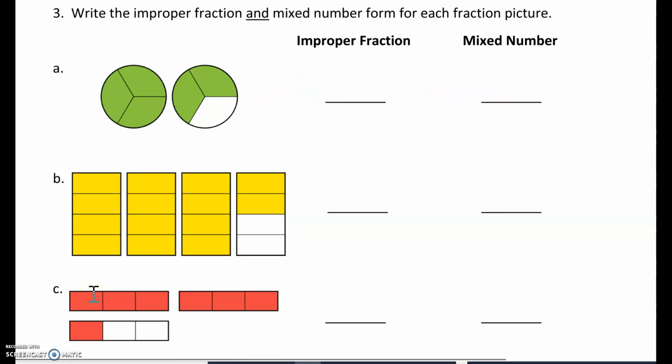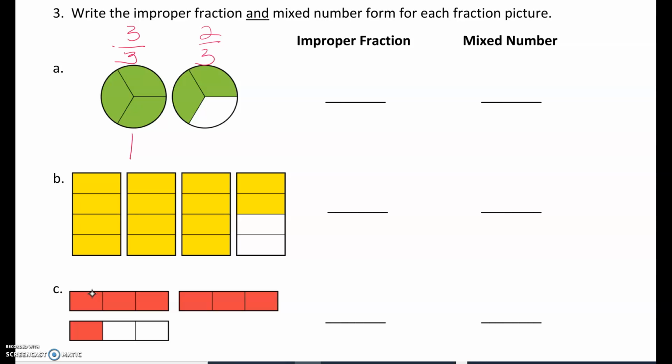Number 3 asks us to write the improper fraction and the mixed number form for each of these fraction pictures. So if I look at A, I have 3/3 shaded. This is one whole. And then here I have 2/3 shaded.